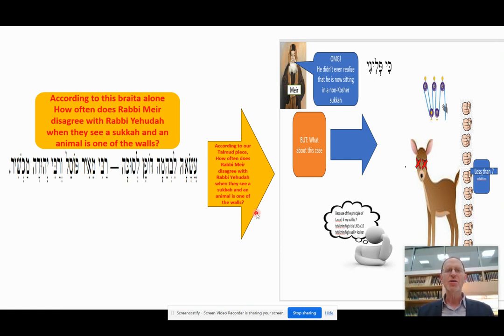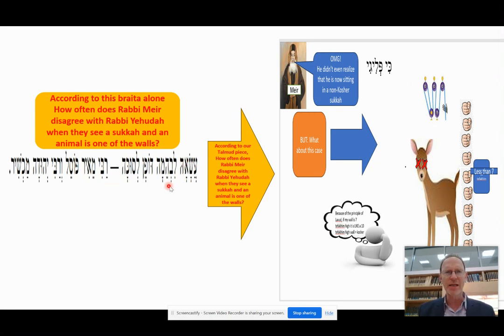Now, interestingly enough, when we first saw this statement by Rabbi Meir and Rabbi Yehuda, and you were given this statement and nothing else, if I find a sukkah with an animal being one of the walls of the sukkah, what am I going to call that sukkah? Can I use it or can I not? So suppose you're Rabbi Meir walking down the way, and all you had was that breita right here. Just this.